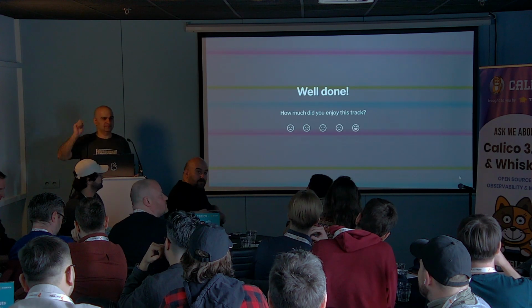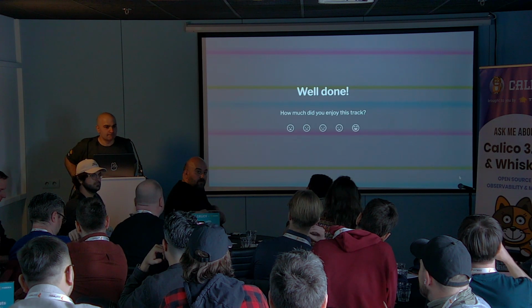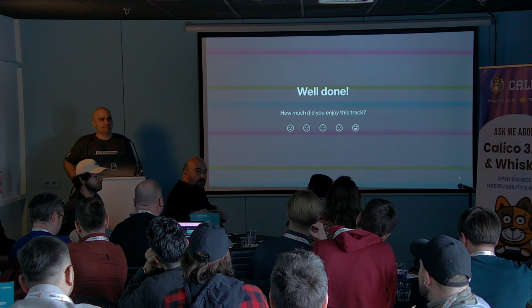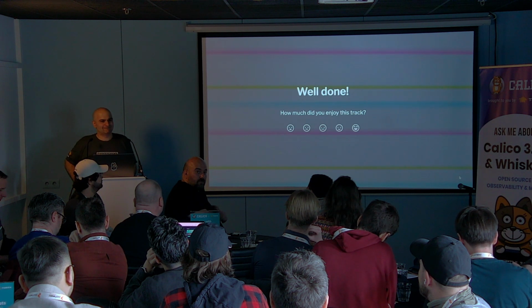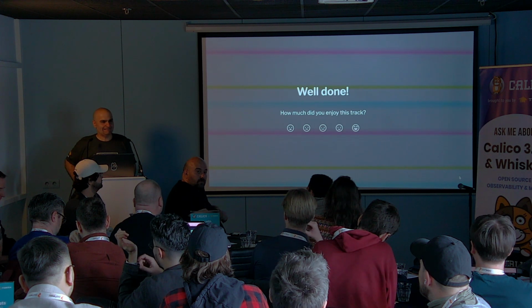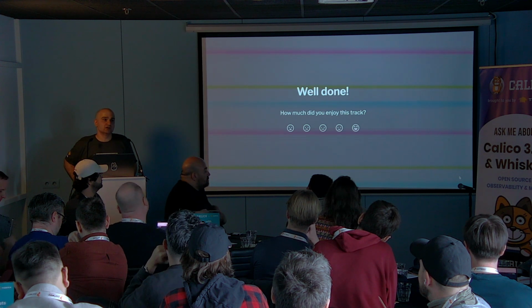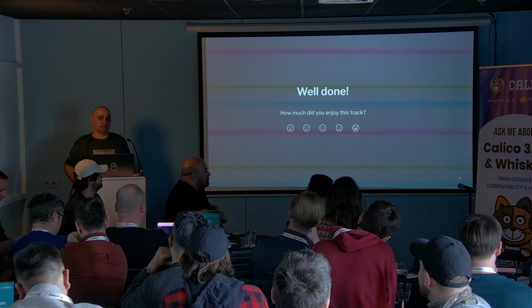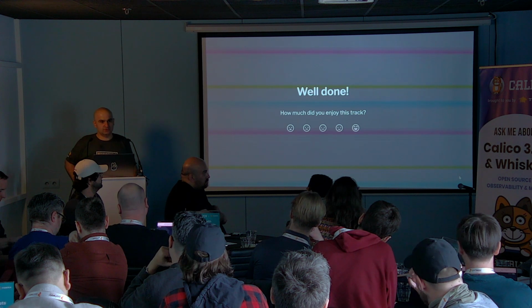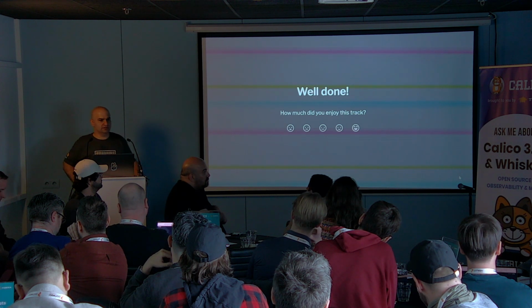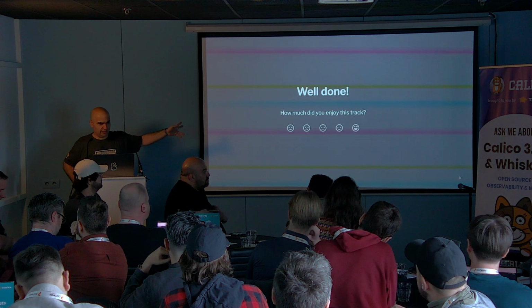Any other questions? Can you set up some type of alerting for your denied flows? If you suddenly get a whole lot of denied flows for a certain policy you don't expect or something like that? So the question is, is it possible to add some sort of alerting to whatever happens in Whisker, right? At the moment, Whisker doesn't provide it for you.